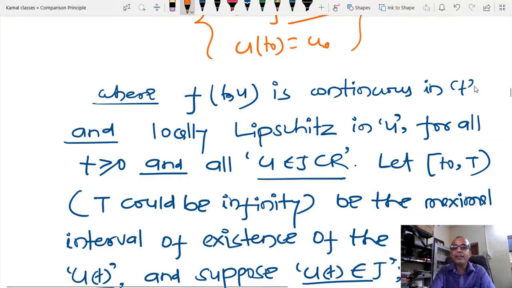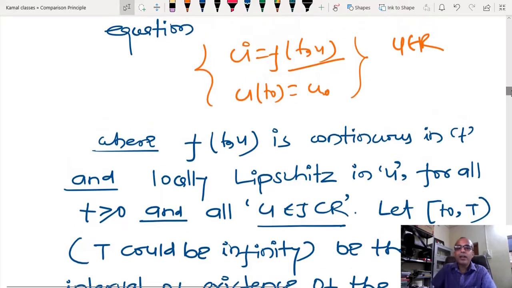What I am saying is that this particular function f(t, u) is locally Lipschitz in u for all t, and u is also depending on time. Even if you take a step change of u, the solution is still going to exist.